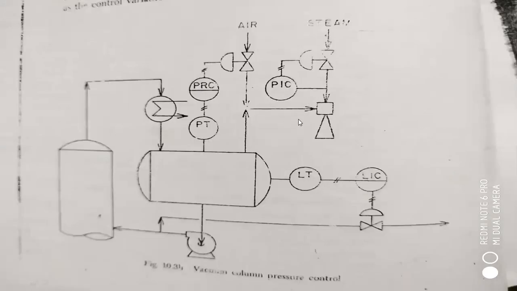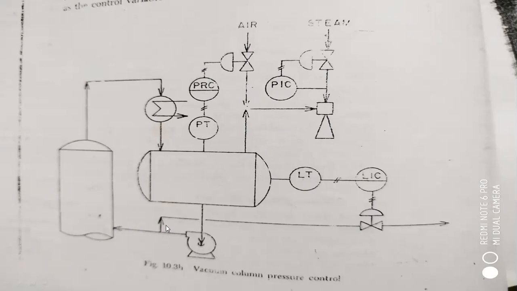So this is another thing where you have a vacuum column pressure control. You have a column pressure transmitter here, pressure regulating controller. Then you have the air coming in. So basically you have a pressure indicating controller. You're sending the steam, and to this you are removing the air from this. So where again you are maintaining a level transmitter, level indicating control.